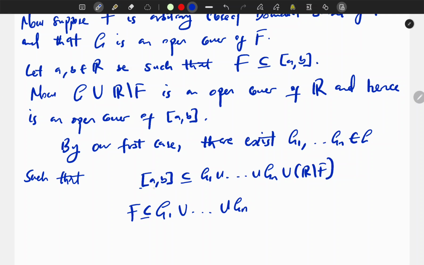So since we don't need to cover AB, we only need the subcover that only covers F, and that completes our proof.